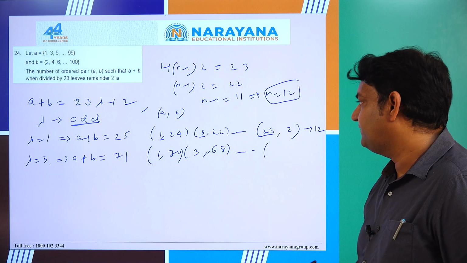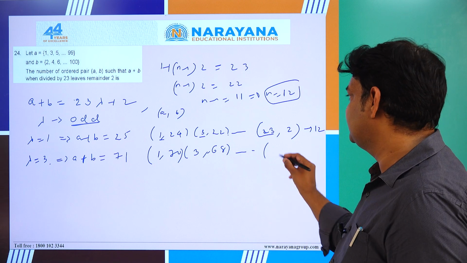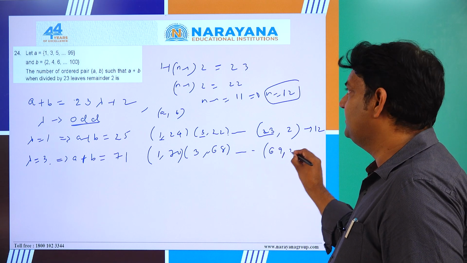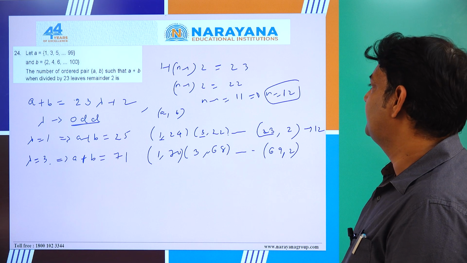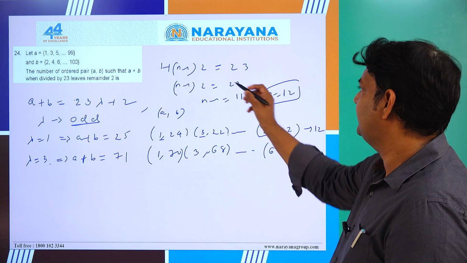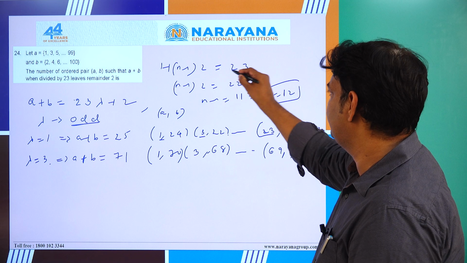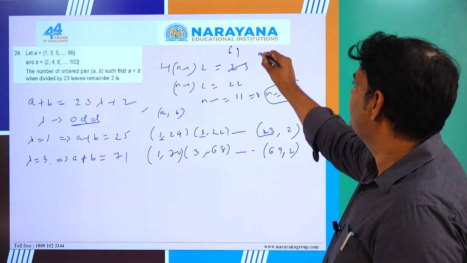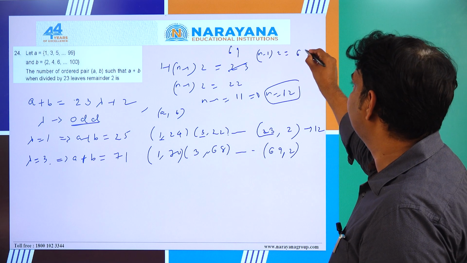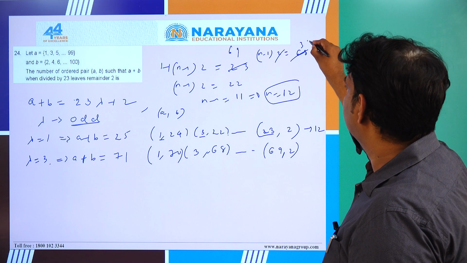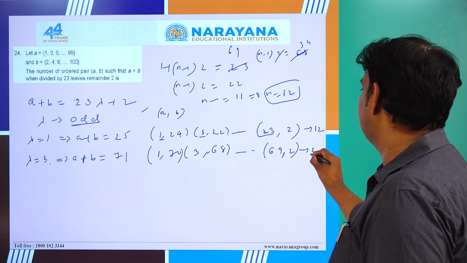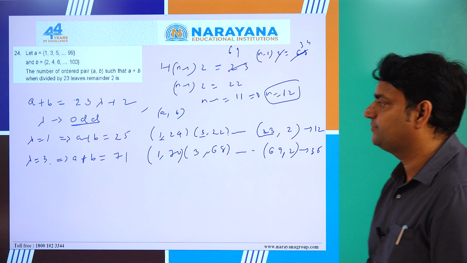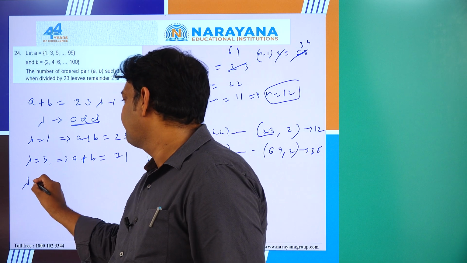The final possible value of A is 69, then B will be 2. Now a plus (n minus 1) into d will be 69, so (n minus 1) into 2 is 68, and n is 35. So 35 possible values came.